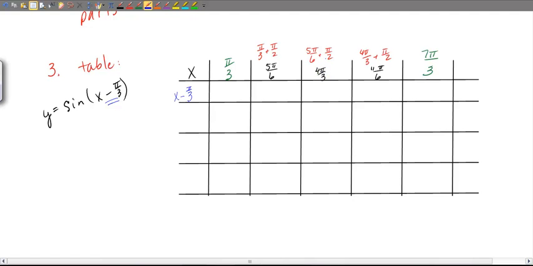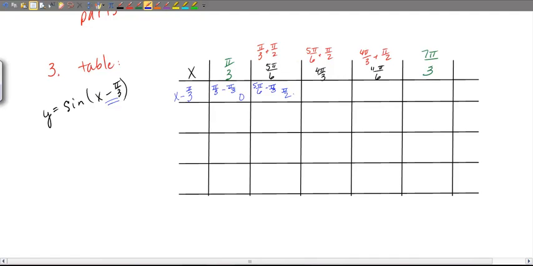So that looks like pi over 3 minus pi over 3, which is 0. Then we do it again: 5 pi over 6 minus pi over 3, which is pi over 2.